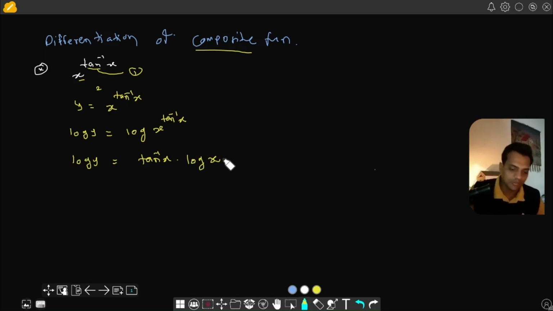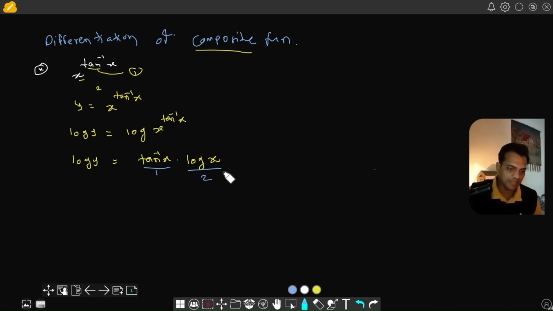Now I have two functions. This is function 1, and this is function 2, and both the functions are in multiplication with each other. So we know how to take the derivative of two functions if they are in multiplication.